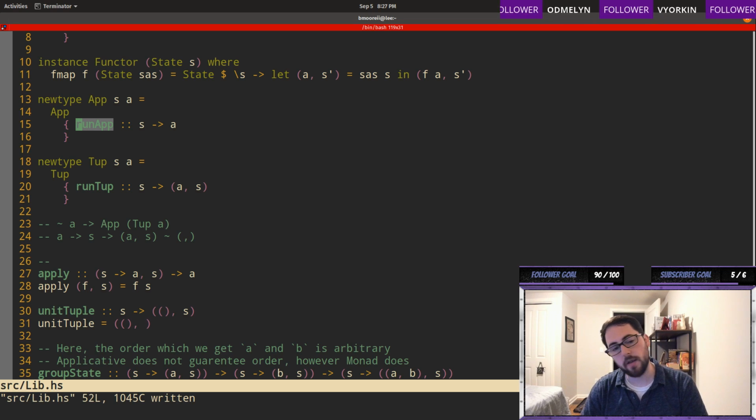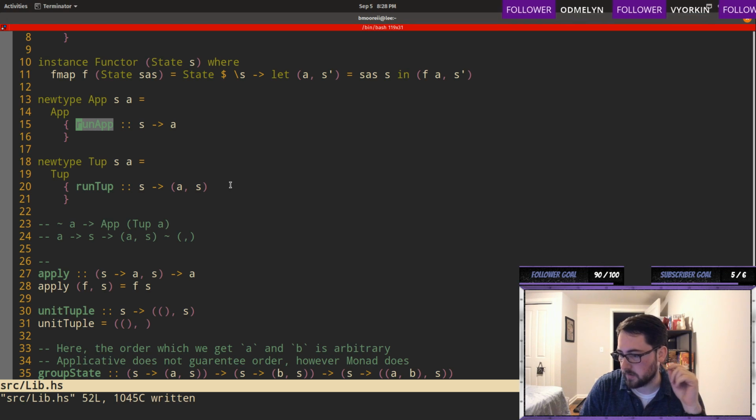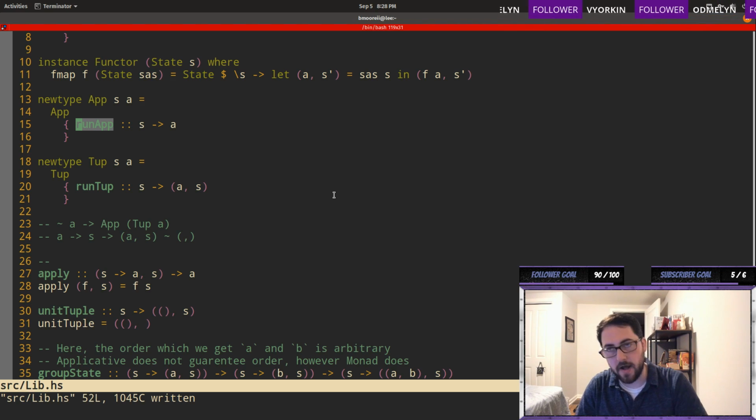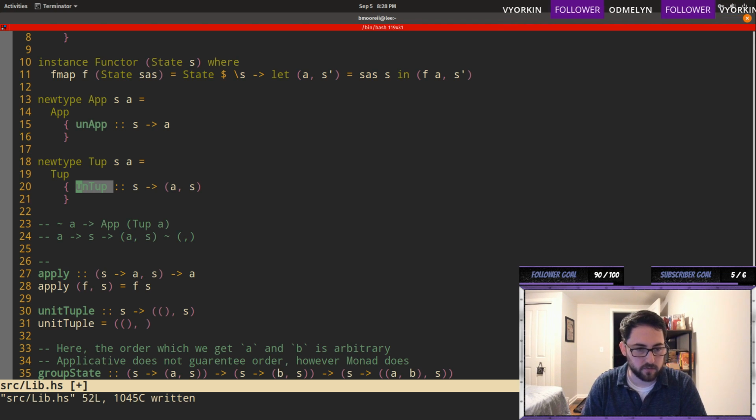Do you prefer run or un? I noticed, I mean, you probably prefer un. I'm not sure if there's any reason to use run or un in this case, but I've seen both, so I'm not sure what people... I mean, they're functions, so like, you apply functions. So should it be apply app? I don't know. But you're not actually applying it. I don't know. Un is shorter. Done. Solution. We did it.